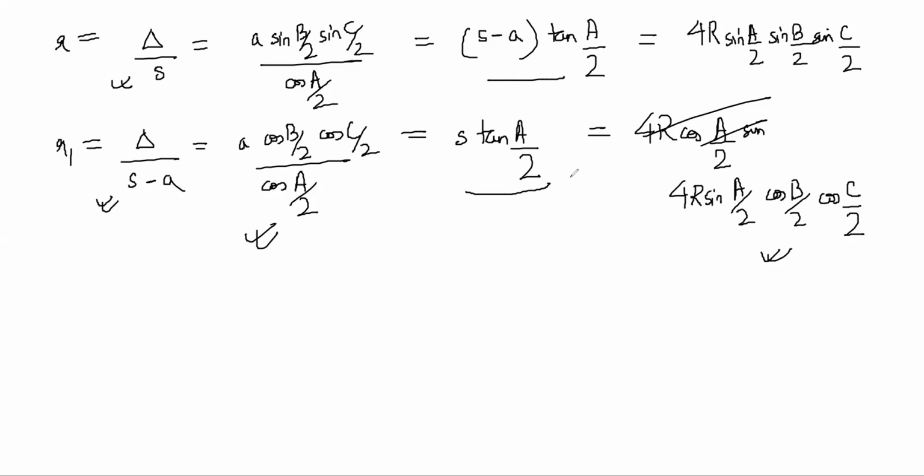What I want you to first notice is that all of these changes to the formula make R1 greater than R, right? Here cos cos will be bigger than sine sine in a triangle, because the angles B/2 and C/2 will be smaller angles, no? Both of them have to be less than 45, because if B/2 and C/2 are greater than 45, then B and C will be greater than 90.